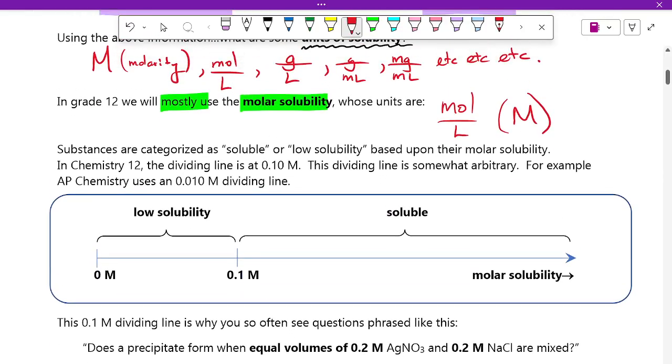Now, according to Chemistry 12, in our data booklet, everybody grab your data booklet and turn to page 4. I think it's 4.